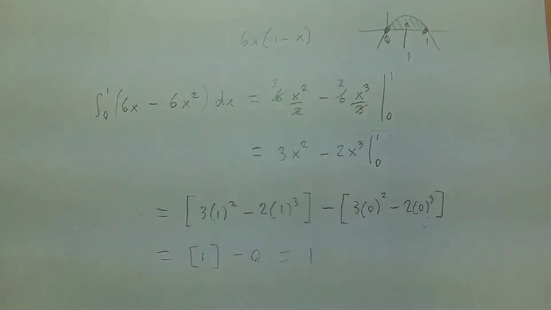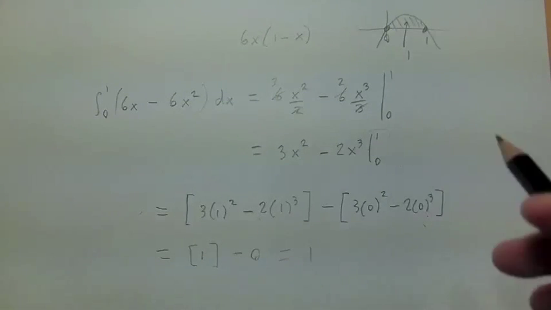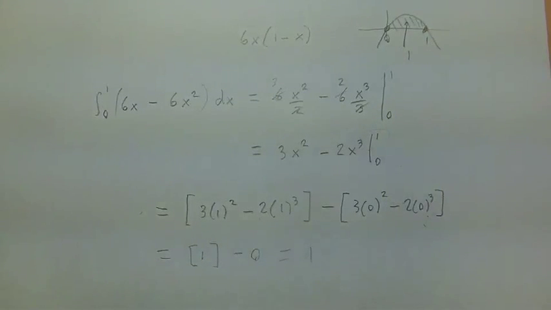Okay. So hopefully you're starting to see what a powerful tool integration is. We can find the area of just about anything. If we can get a function that gives us this shape, we can find the area. Now you might not think that that's important, but for engineering purposes, that's super important.